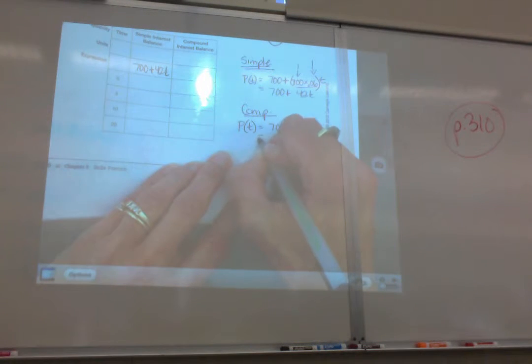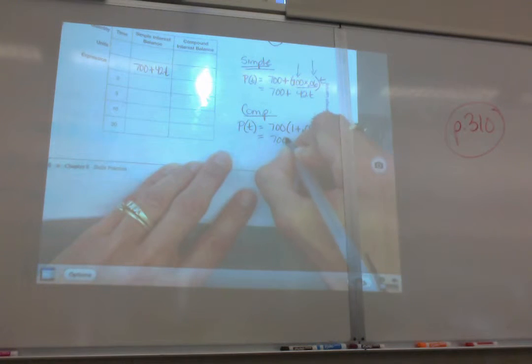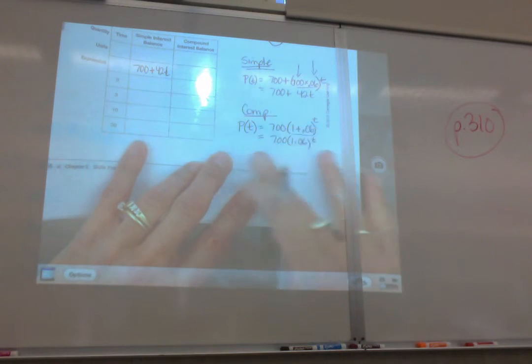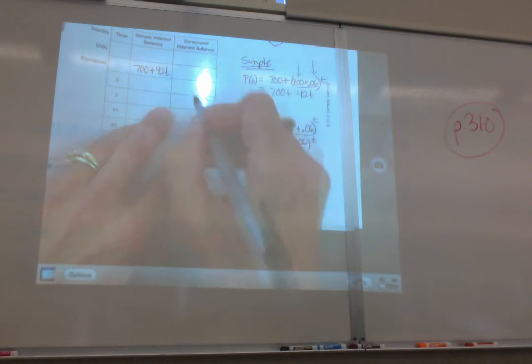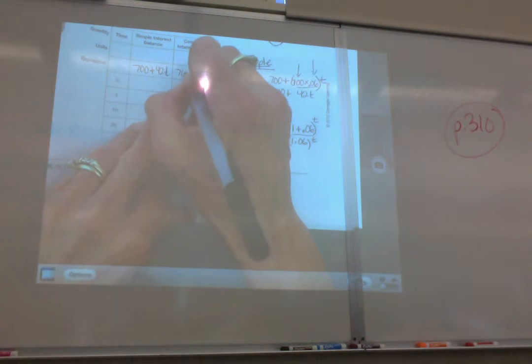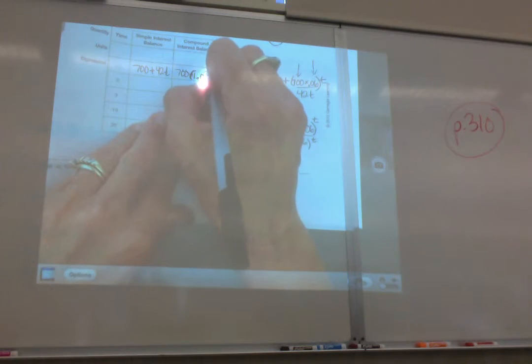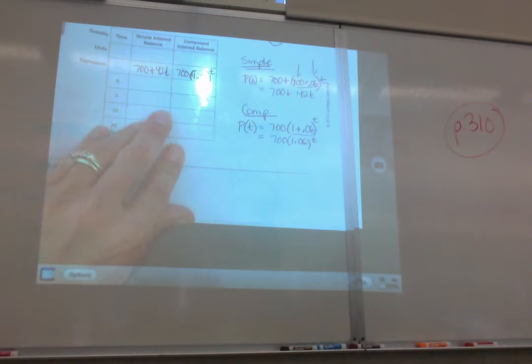Again, I can simplify that before I move it over to the table. 700 times 1.06. I can add those two. First up here I multiplied, here I'm adding. I still don't know what t is. This is kind of the generic formula, and that's what comes over here. 700 times 1.06 with t as a little exponent.